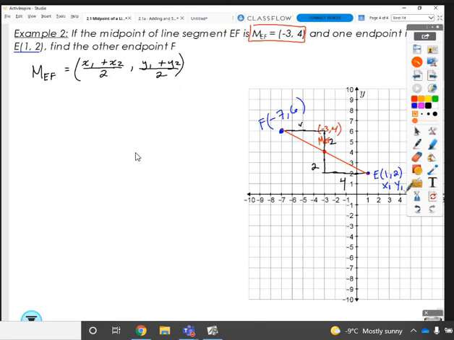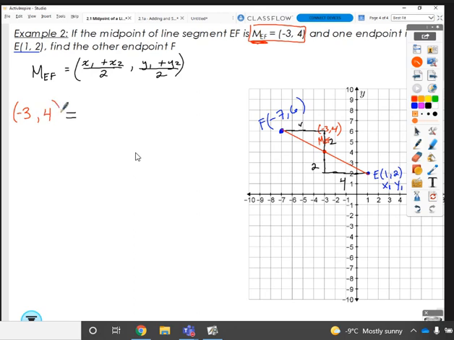Now this midpoint is actually our answer. So when we plug this into the formula, this is the equal sign. The midpoint we know is -3, 4.